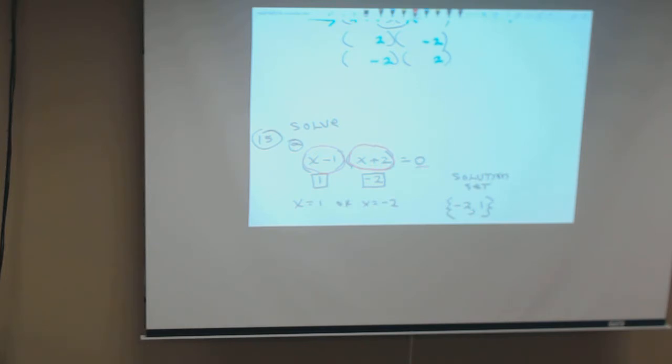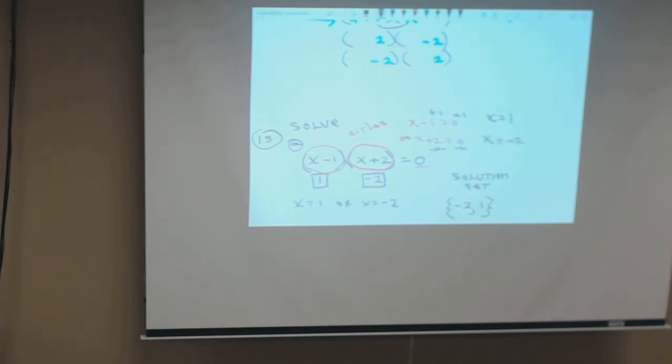So either x minus 1 is equal to 0, or x plus 2 equals 0. If x minus 1 is 0, add 1, then x equals 1. If x plus 2 is 0, minus 2, then x equals negative 2.